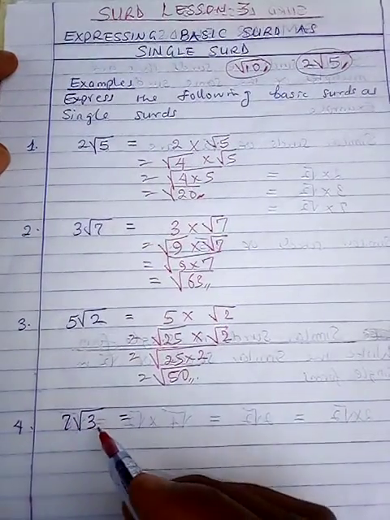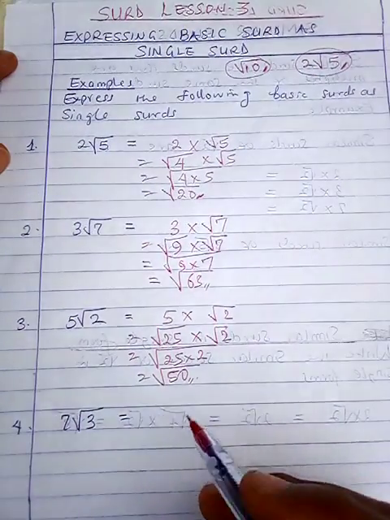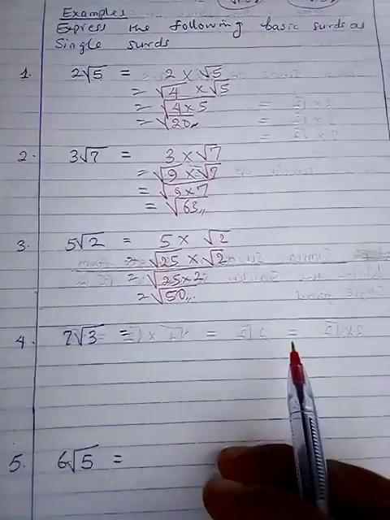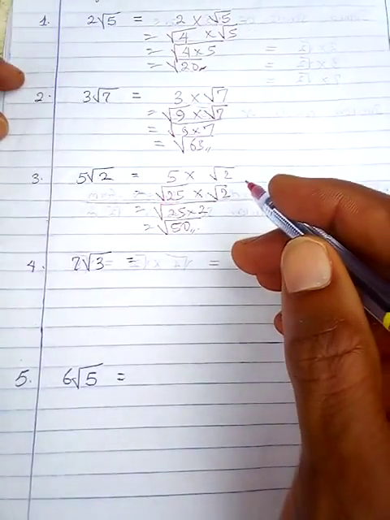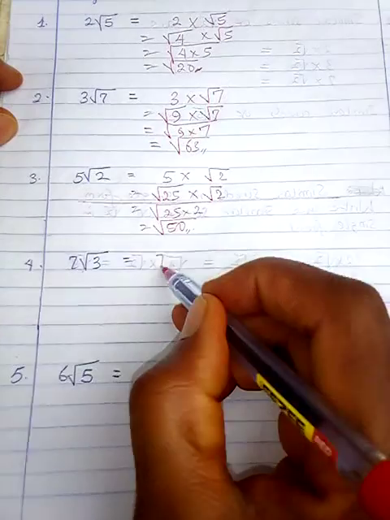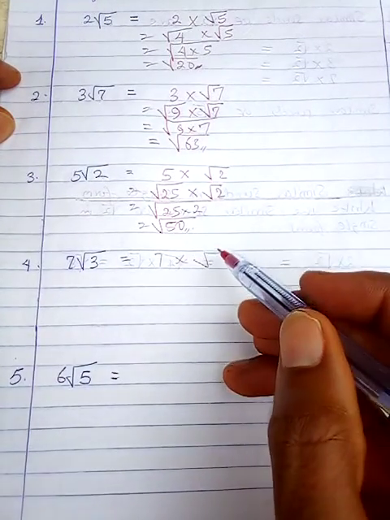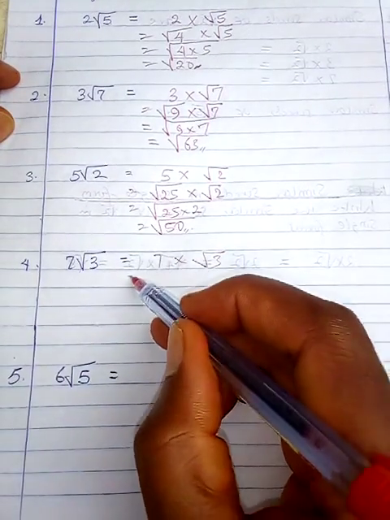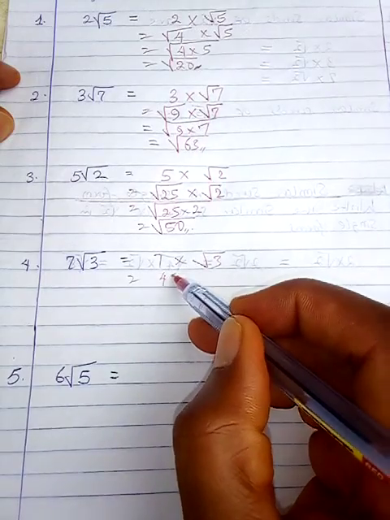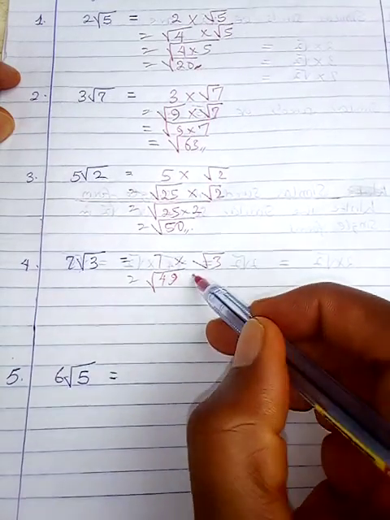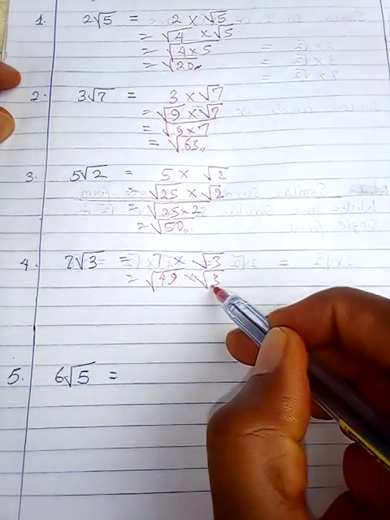Then also we are going to do the same thing to this example here, and here we have 7√3. You expand it, 7 times √3. The square of 7 is 49, so you put that in the square root, multiplied by the √3.